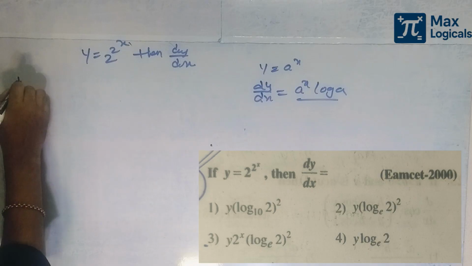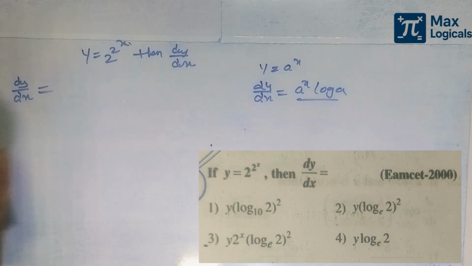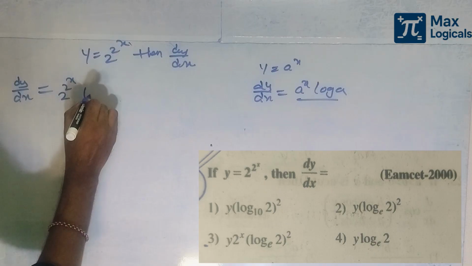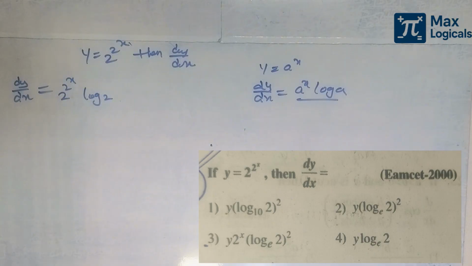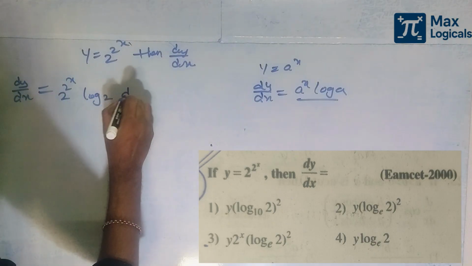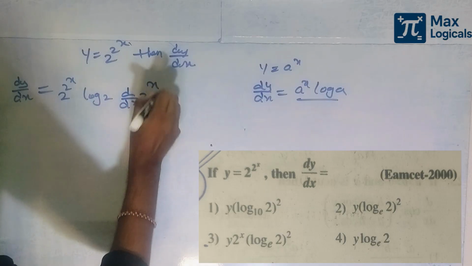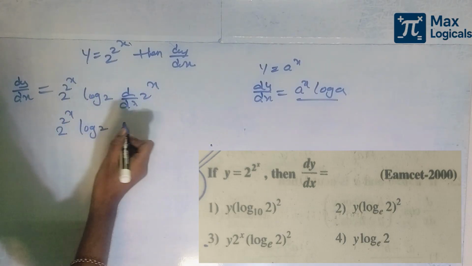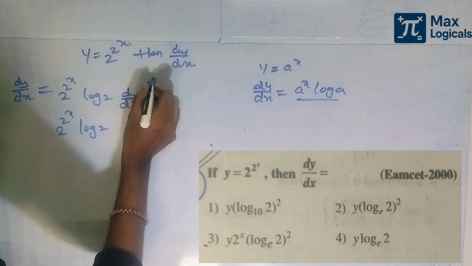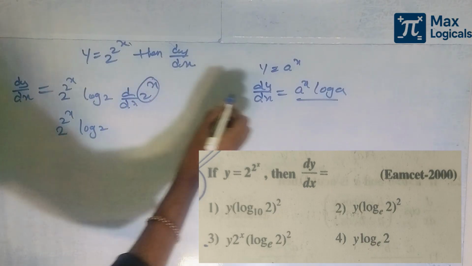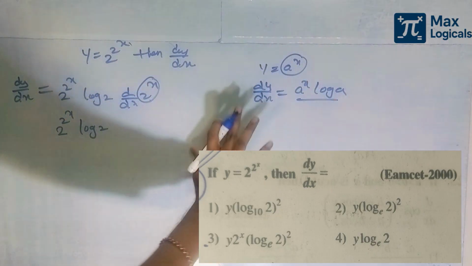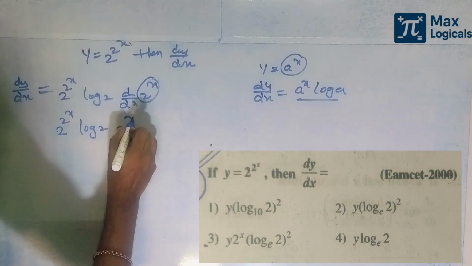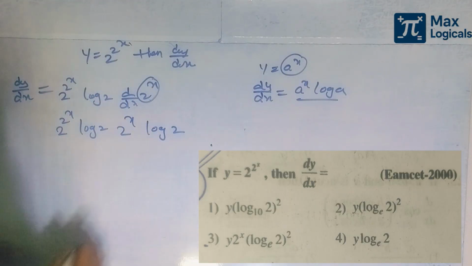Now dy by dx equal to 2 power 2x log 2 again differentiation of 2 power 2x. What is the differentiation of this function? This function looks like 2 power x, that is 2 power x log 2.